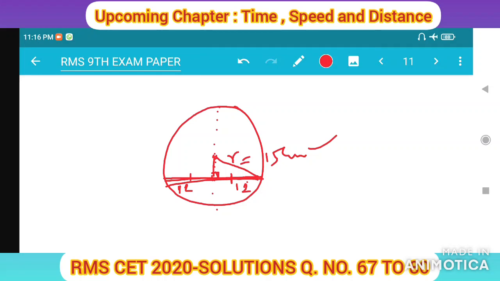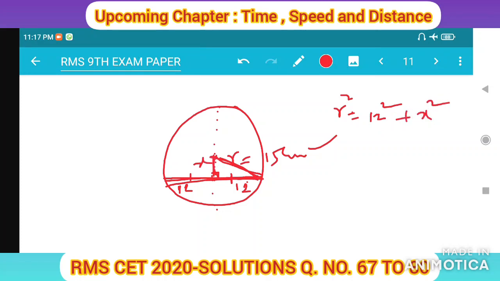So by using Pythagoras theorem, what happens? r square is equal to, see here, this is the right angle triangle, and the side opposite the right angle is the hypotenuse. r is the hypotenuse. r square is equal to the side square, which means 12 square, plus x square.